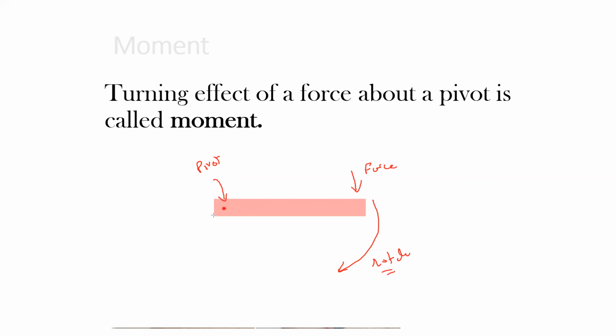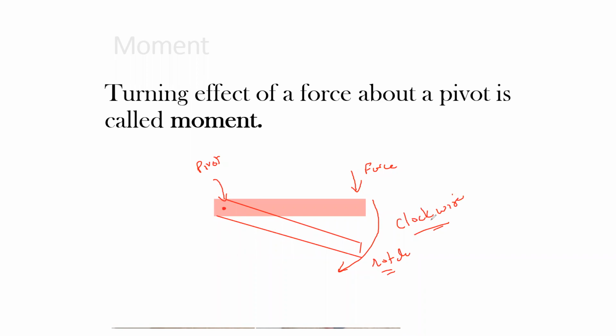The new position of the object will be like this. So it is moving in the same direction as the hands of a clock. We call this rotation a clockwise rotation.